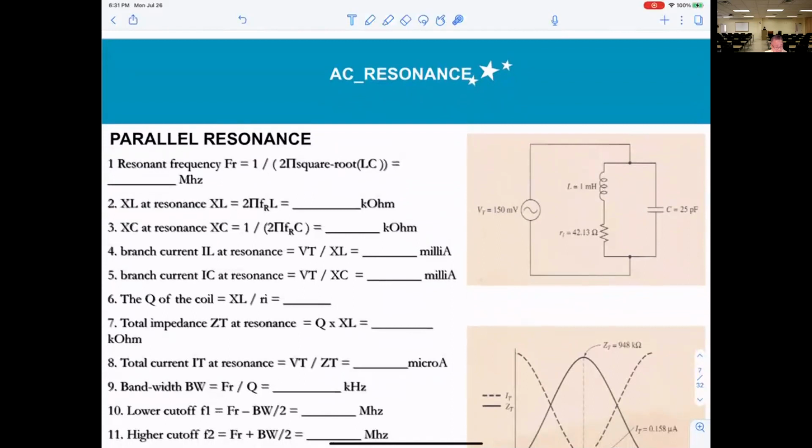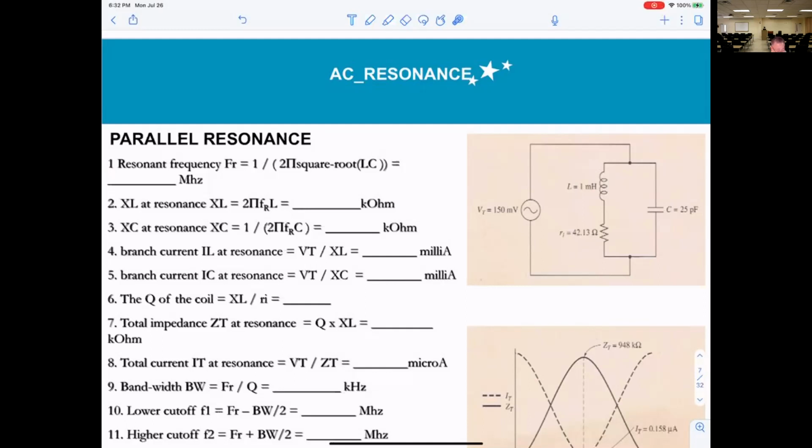Now we go to parallel resonance. This is a parallel resonance, you get a 1 millihenry inductor. Also, you get a resistance, internal resistance for the inductor, 42.13. You get a capacitor. First thing, they want to calculate the resonance frequency. The formula will be the same.